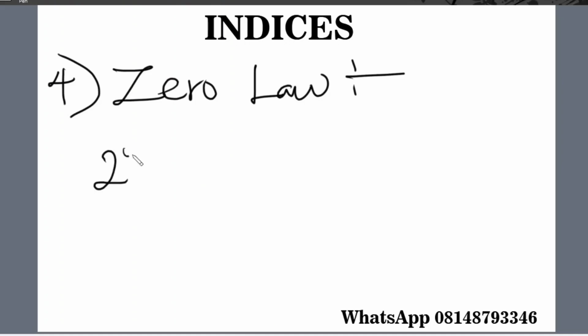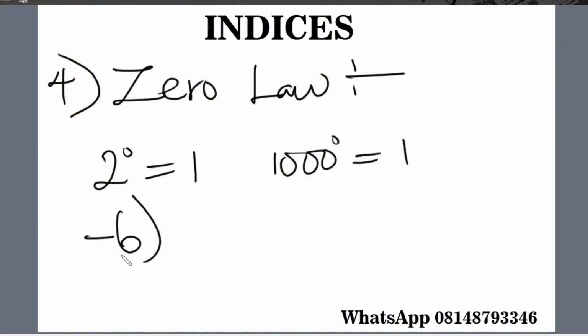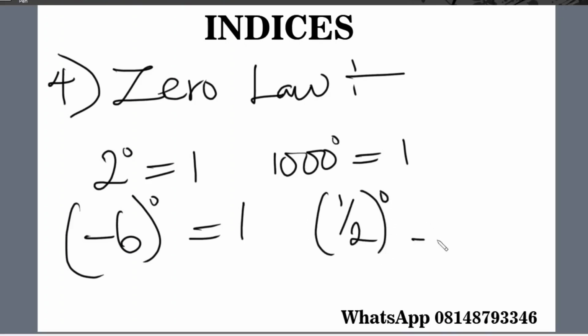So 2 raised to the power 0 is 1. 1000 raised to the power 0 is 1. Negative 6 raised to the power 0 is 1. 1 over 2 all raised to the power 0 is 1.